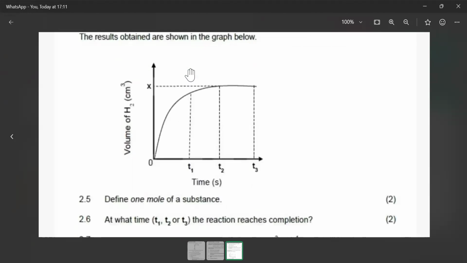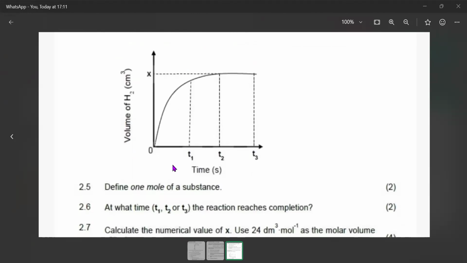If we look at this graph, we can see that the volume is increasing. But it's not just increasing, it's increasing at a decreasing rate. If you did physical science in grade 10, on your graphs of motion, you should have dealt with the same graphs, whereby you have something that is increasing at an increasing rate as well as at a decreasing rate.